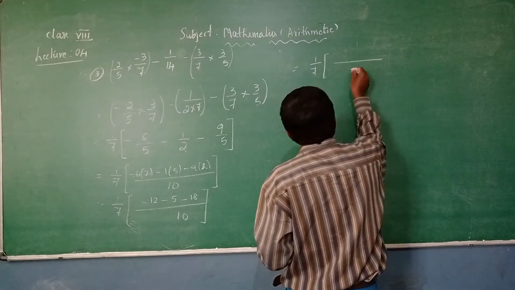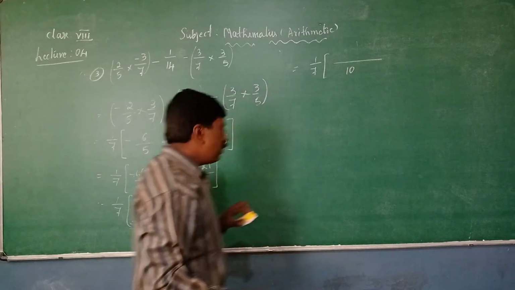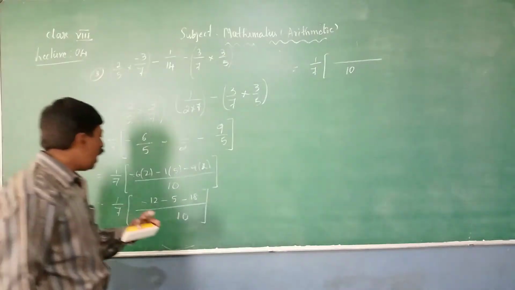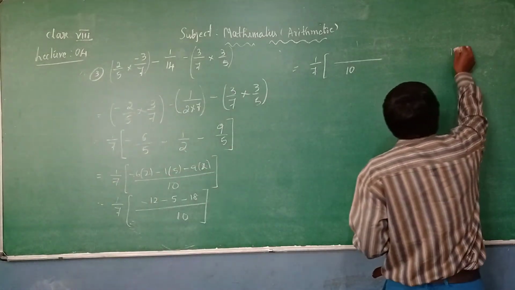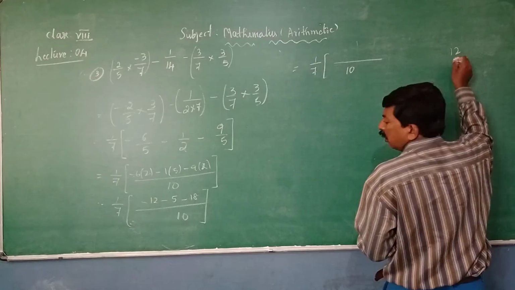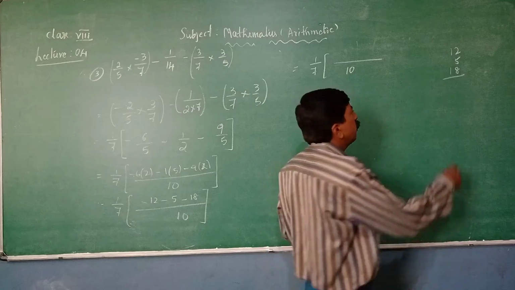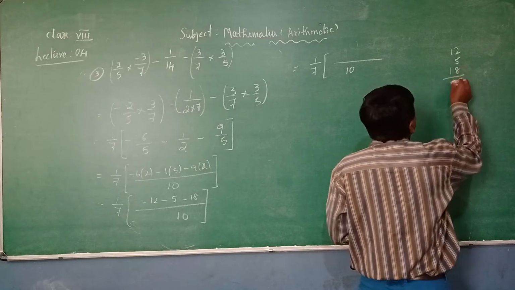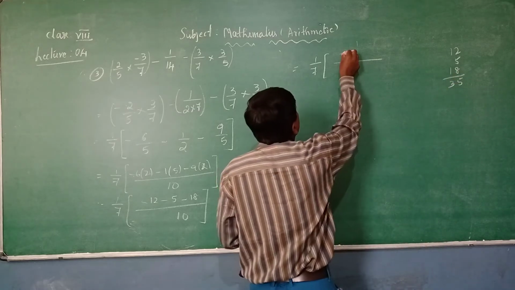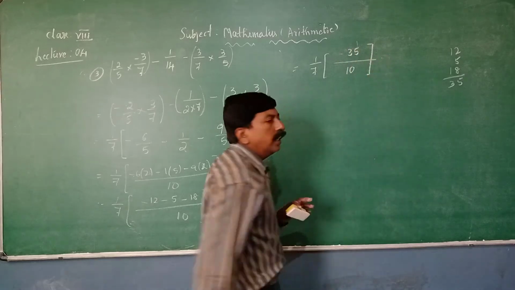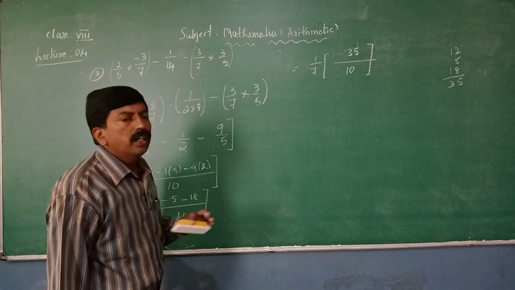Here the denominator is 10. Observe, minus 12, minus 5, minus 18, all the signs are the same, so you can add the numerators 12, 5 and 18. 8 plus 2 is 10, 10 plus 5 is 15, so again 1 it is 35. Therefore minus 35 divided by 10.